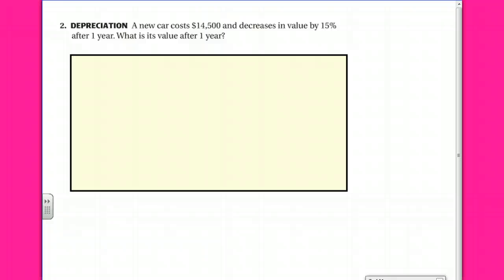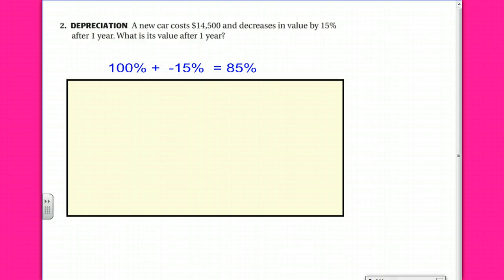But anyway, following our little plan that we just said, the car, which was 100% when you bought it, has now decreased by 15%. So we will take 100% and will we add or subtract the 15%? Izzy, we'll subtract it, right?